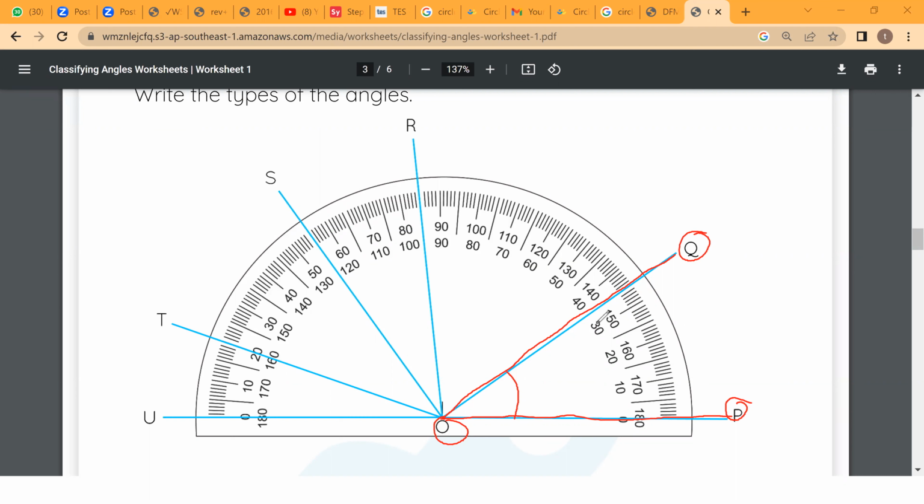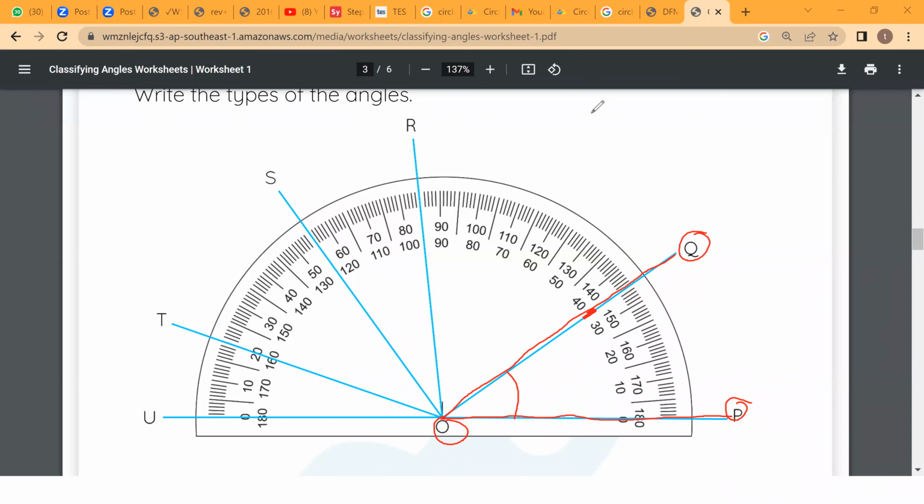35 degrees. This is 0, 10, 20, 30. It's between 30 and 40, so it's definitely 35 degrees. Does everyone see that? That is 35? Yes, sir. Okay, good.